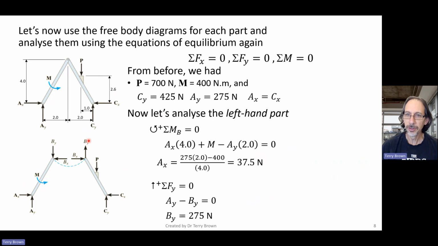Just continue on, write your equations of equilibrium according to what's shown on the free body diagram, and then substitute in the negative values. All right, sum of forces in the x direction equals 0. So we've just got Ax and Bx, and we get Bx equals 37.5, the same as we got before.